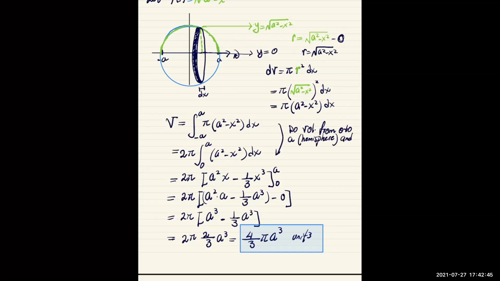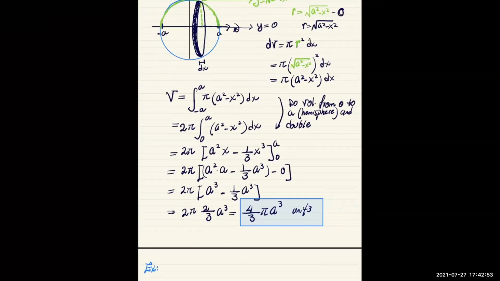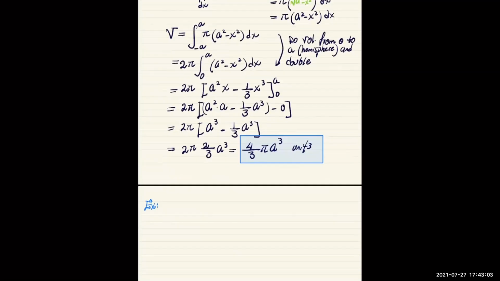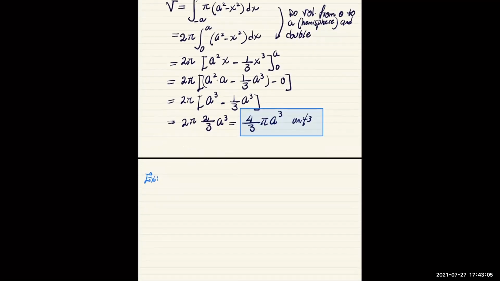And double. You don't have to do that. It's just easier because if I were to do it from -a to a, it would be a pain in the neck to plug -a in here. Just be clever with the amount of calculation that you have to do.